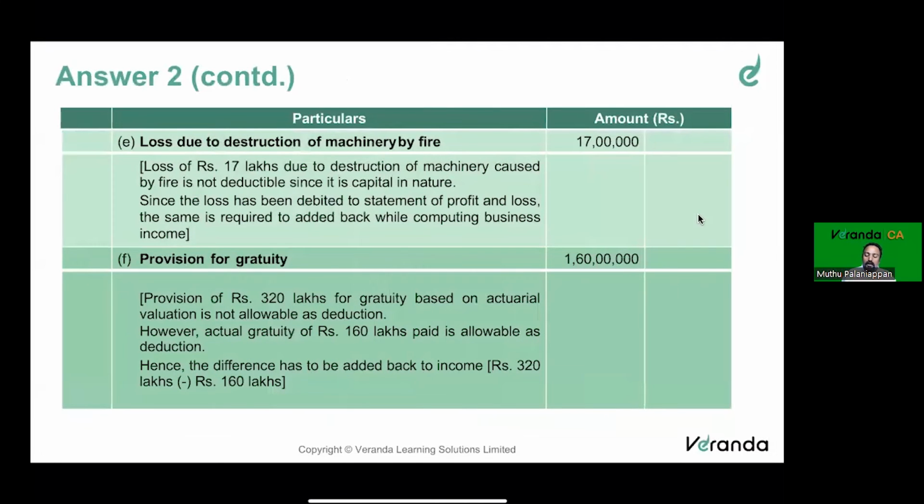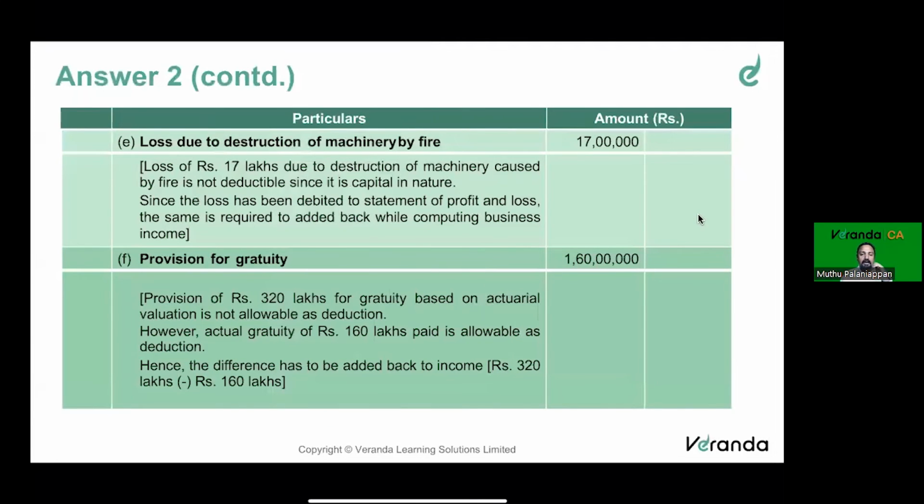The next one, we spoke about this loss on machinery fire. As far as machinery fire is concerned, we said it is a capital loss. Whenever it is a capital loss, it is not an allowed expenditure under section 37. So 37 says any expenditure capital in nature is not allowed.